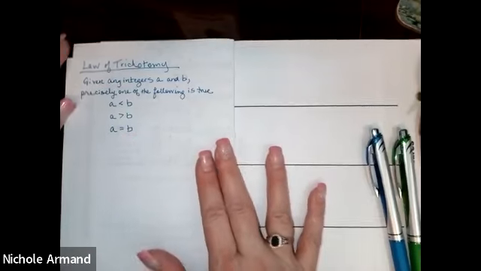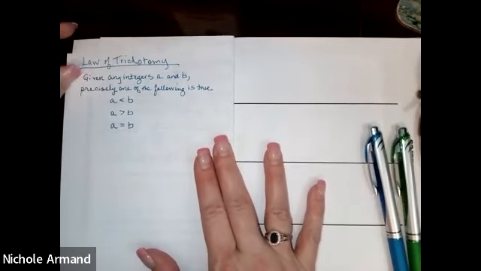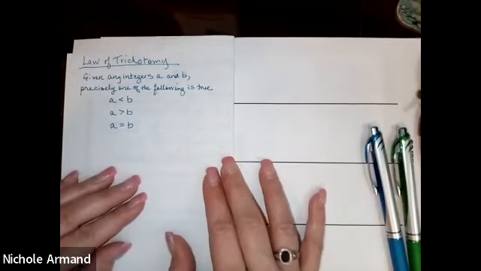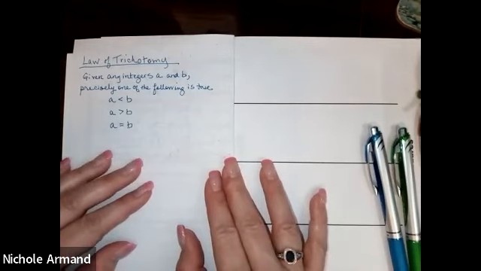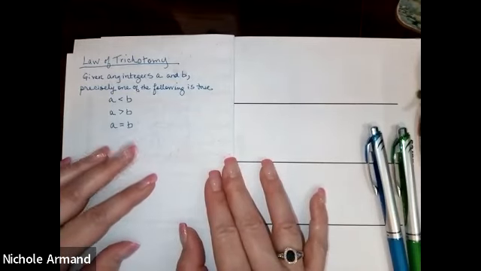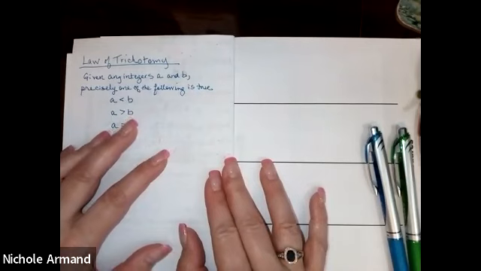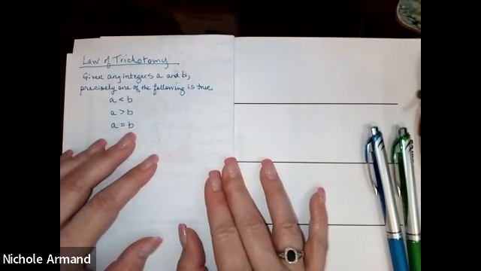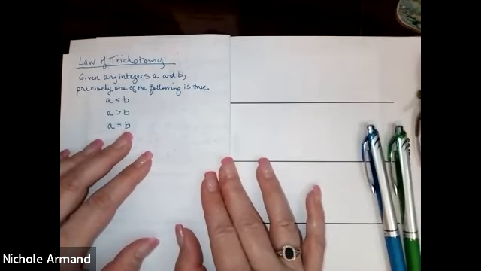If we have not done this in class, then please pause the video and write this down. Given any integers a and b, precisely one of the following is true: either a is less than b, a is greater than b, or a is equal to b. So it's kind of common sense, but we have a law and it's called the law of trichotomy.